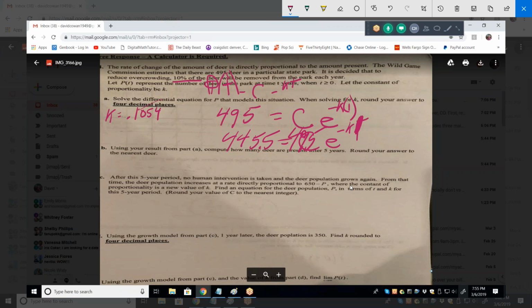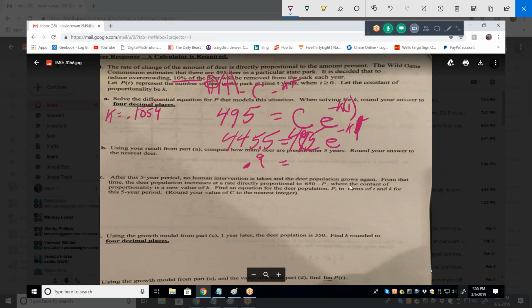He just took what he knew about the 10%. The only thing I don't get is why k isn't minus 0.1. But if we solve this, if I divide both sides by that coefficient, that's obviously going to be 0.9.